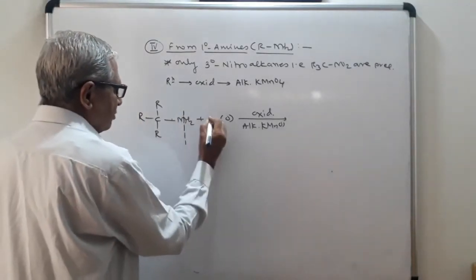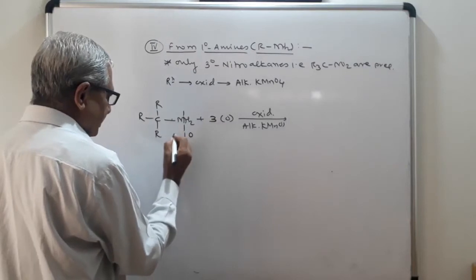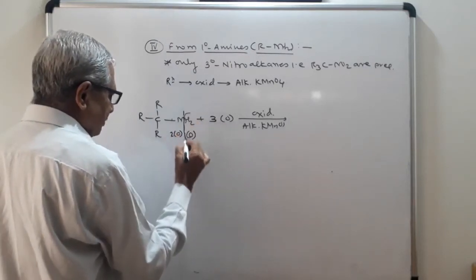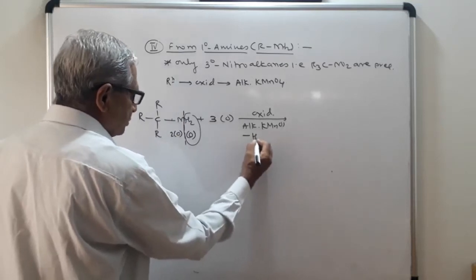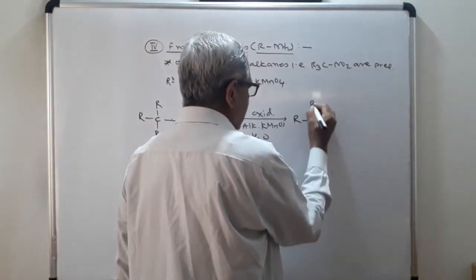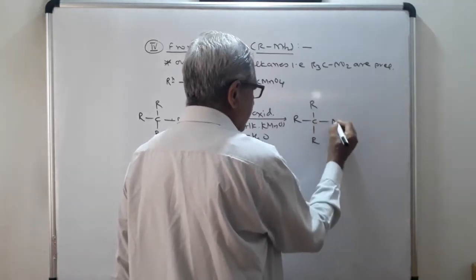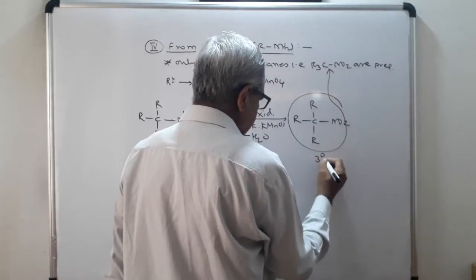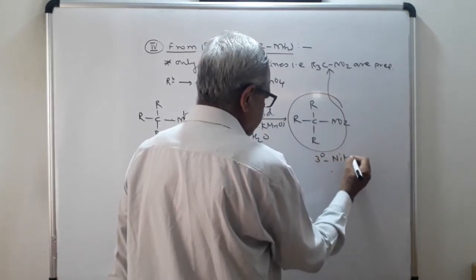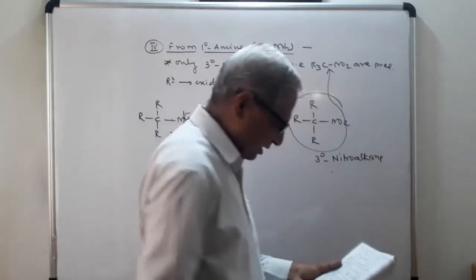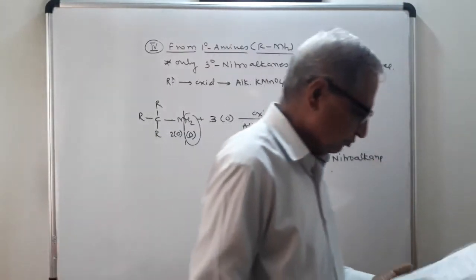Make the correction: 3 oxygen atoms are added here, 1 oxygen atom here and 2 oxygen atoms here. By using this you can remove the water molecule, and you will get the structure R3CNO2. This is the formula for a tertiary nitroalkane. So in this way we can prepare the tertiary nitroalkane.